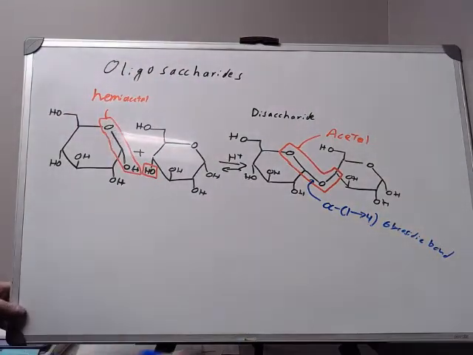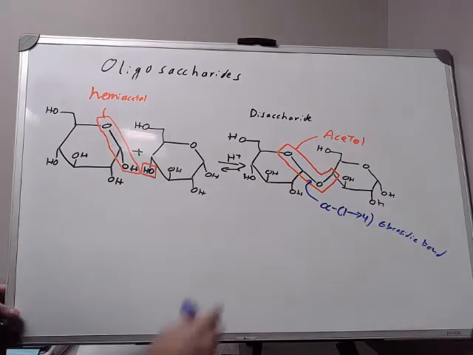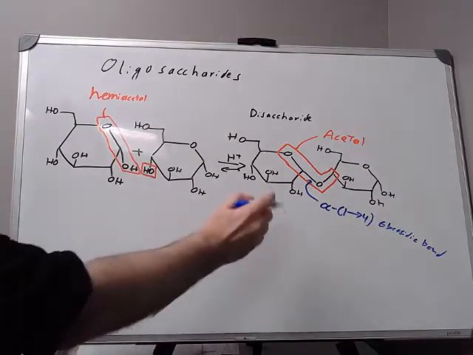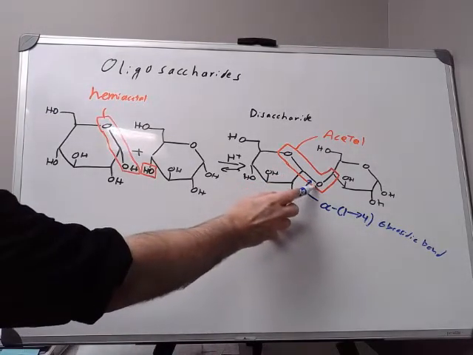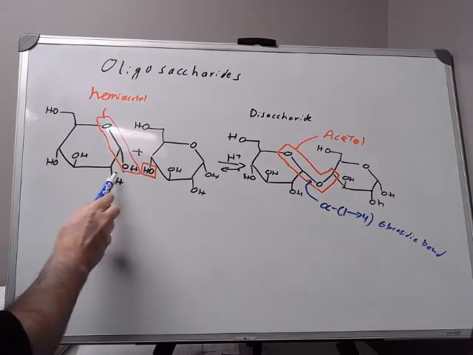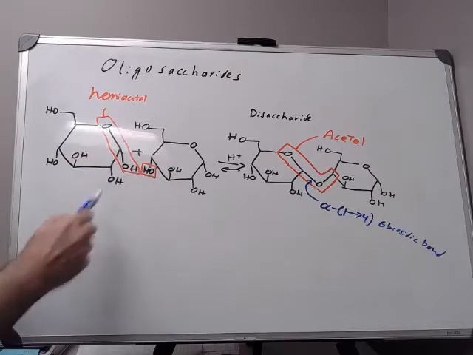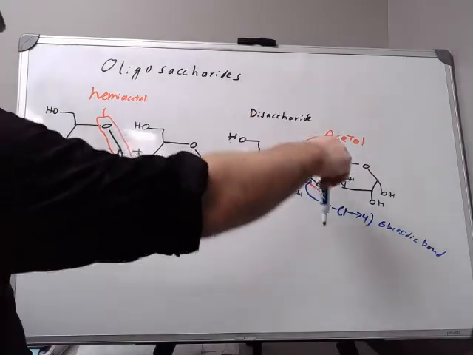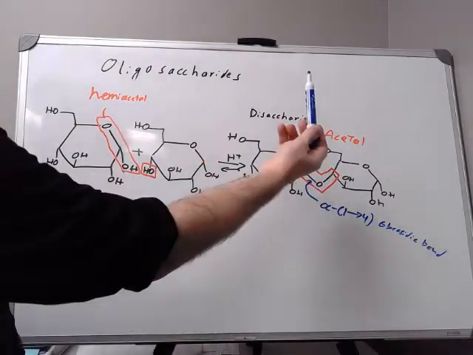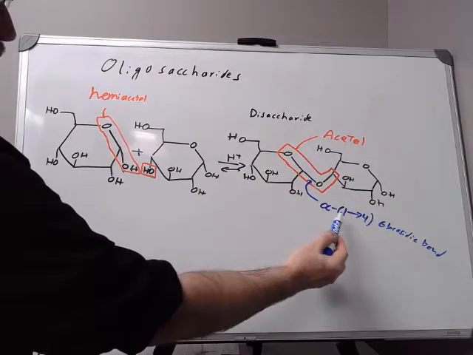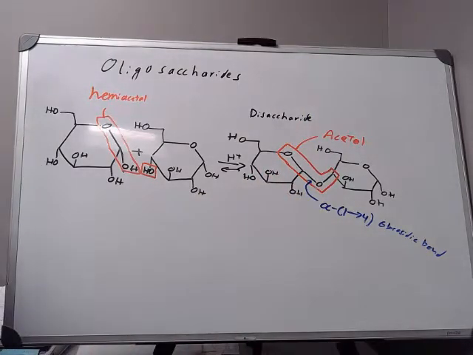And why is it alpha 1,4? Well, it's alpha because this hydroxyl that we started with in our hemiacetal was in the alpha orientation, and so it points down. If it pointed up, we would have the beta 1,4 glycosidic bond.